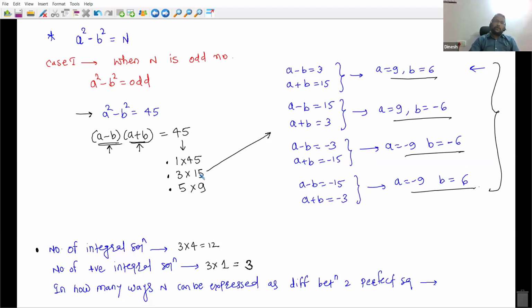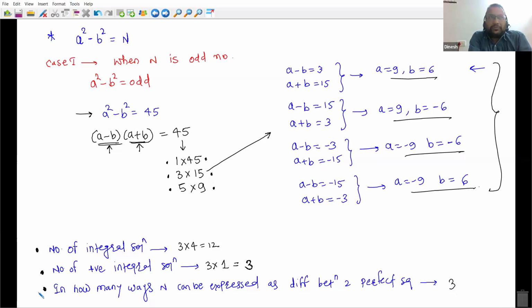So every solution will give you only one pair of perfect squares with a difference 45. So the answer of this question is again 3. The answer for the number of positive integral solutions and the answer for this question are going to be the same.